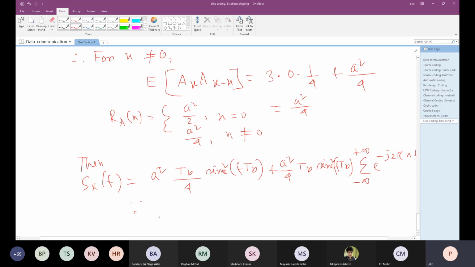So this summation over minus infinity to plus infinity of exponential of minus j 2 pi f n T_B equals 1 by T_B times a train of impulse functions in the time domain, shifted impulse function. Oh no, sorry, a train of impulse functions in the frequency domain.